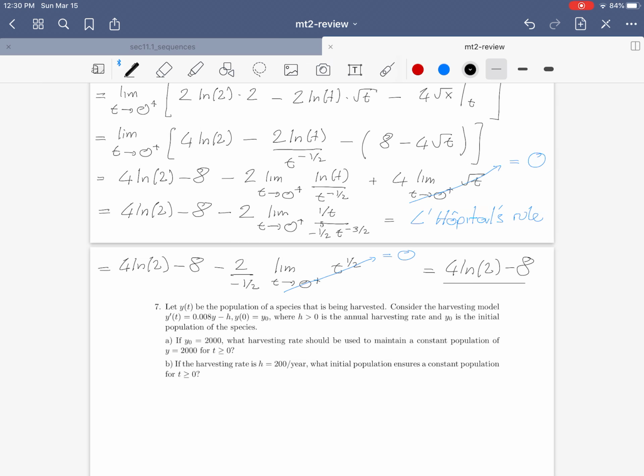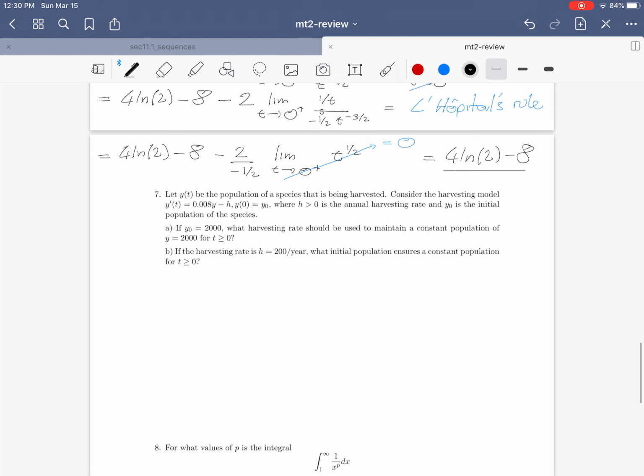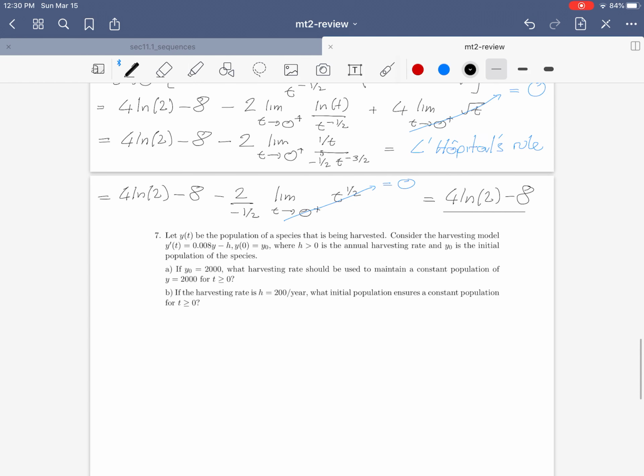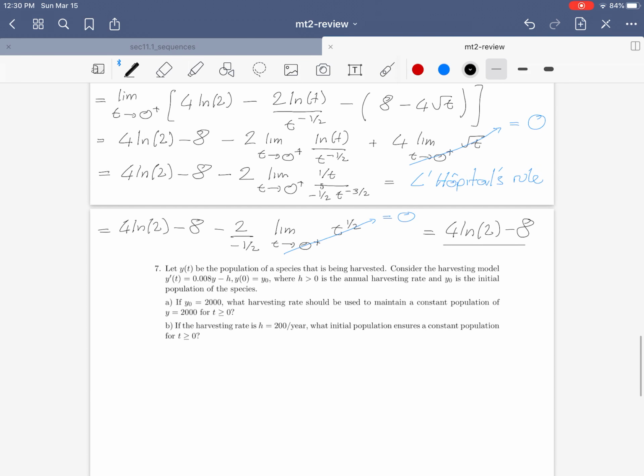Okay, so let's move on to our next problem. In this problem, we are talking about population models.